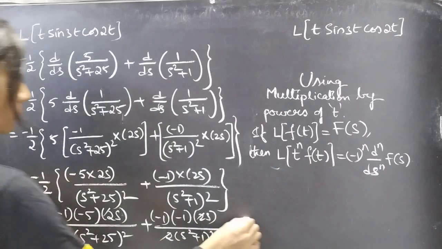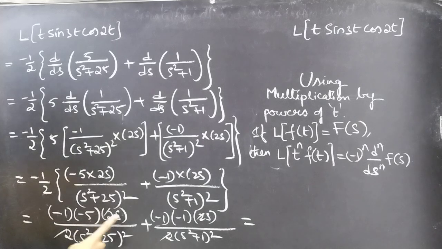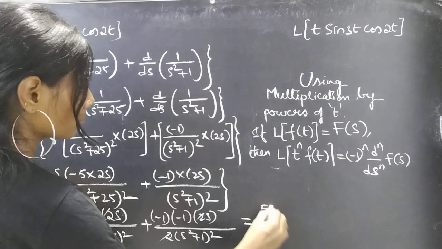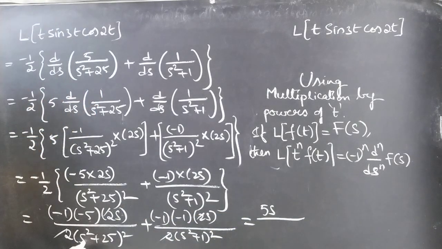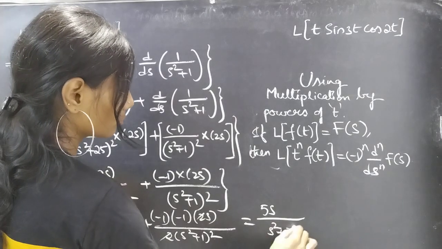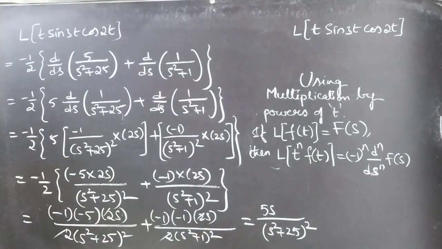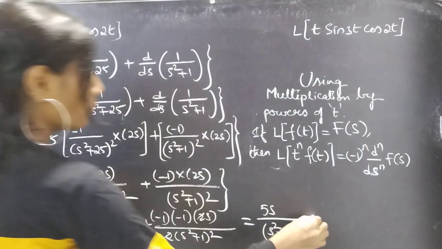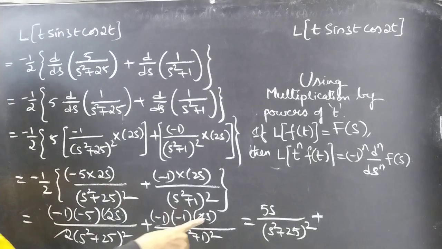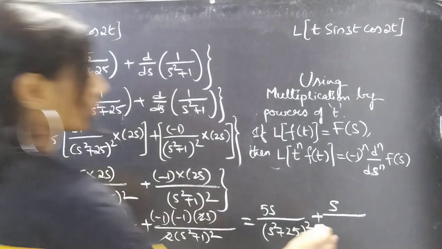Right? This is equal to minus into minus plus 1 into 5, that is 5s by s square plus 25 whole square, plus minus 1 into minus 1 is 1 into s, that is s by s square plus 1 whole square.